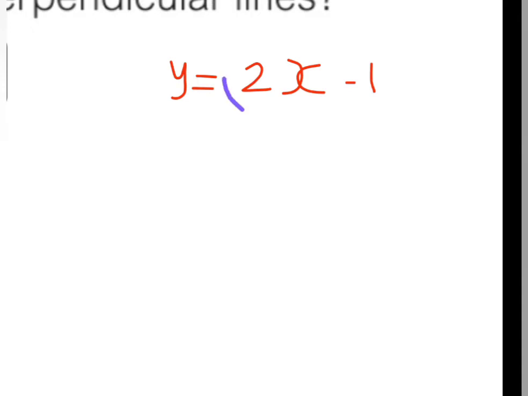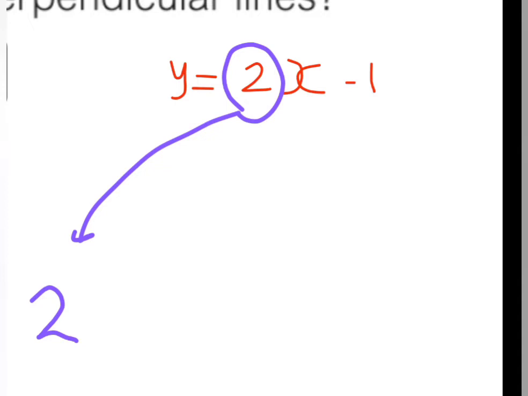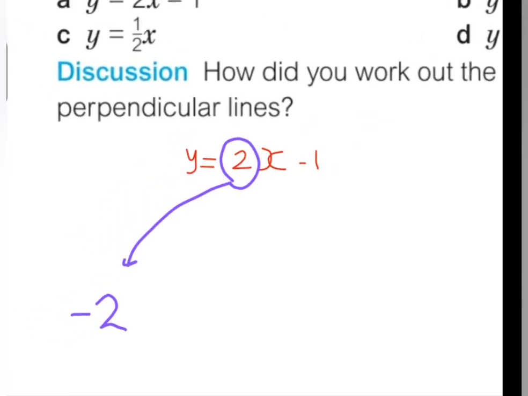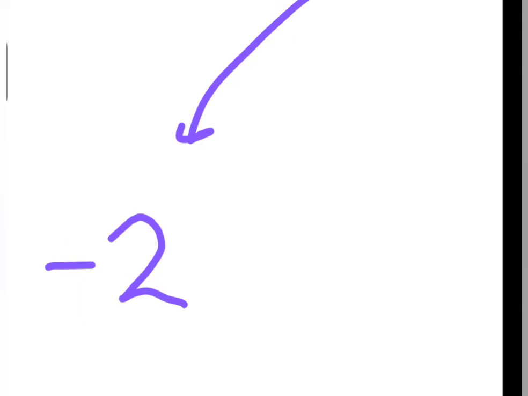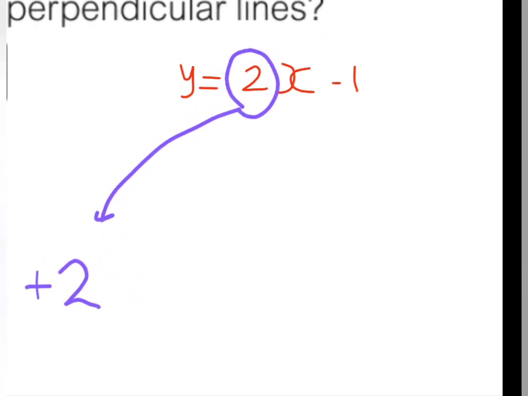You take the gradient of the line, put it here. It's 2, right? Or plus 2. We write plus 2 here. Good. Now, 2 or plus 2 is always divided by 1 as a number.